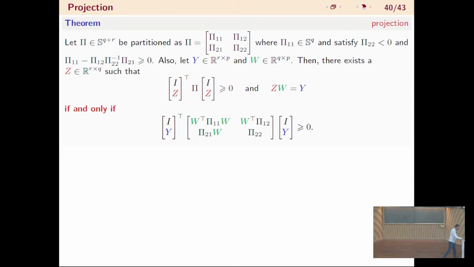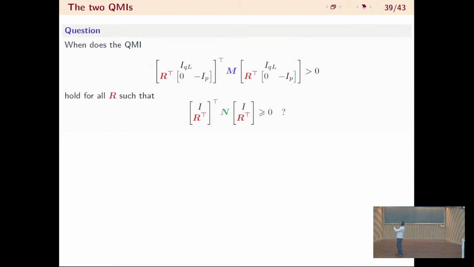And what is the relationship between this projection and what I'm aiming at? You see, here I have the product of R transpose and this constant matrix. It is like Z times W. So I can convert this QMI to a QMI where only R appears.